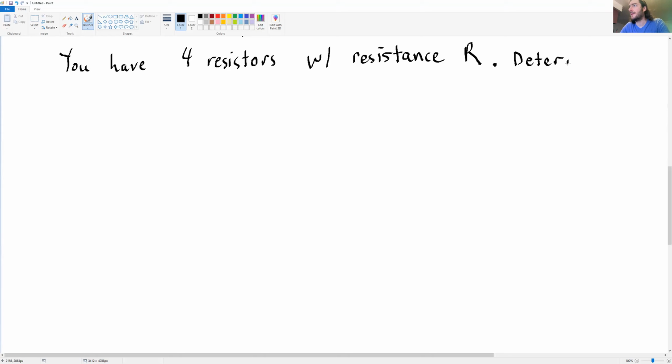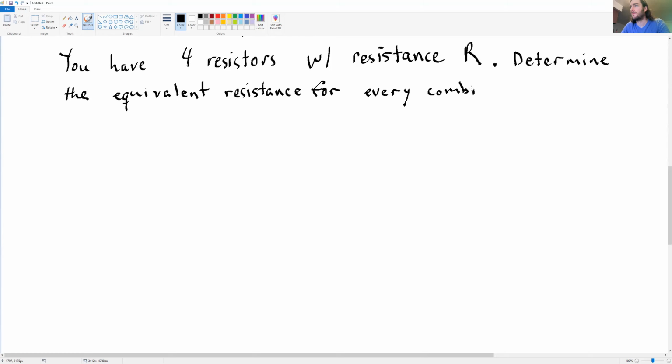Determine the equivalent resistance for every combination, and there's 10 combinations.